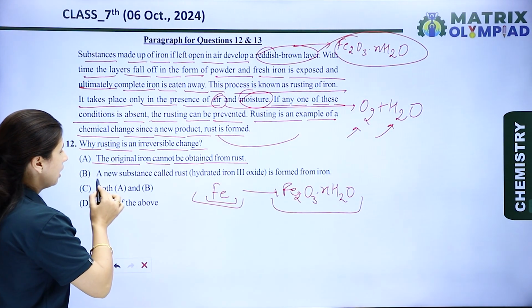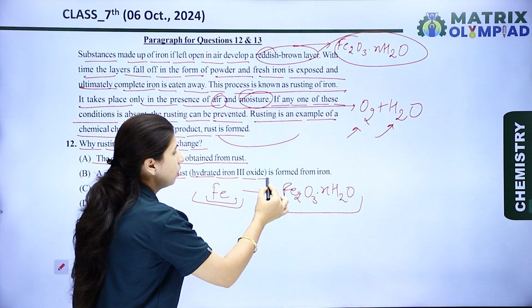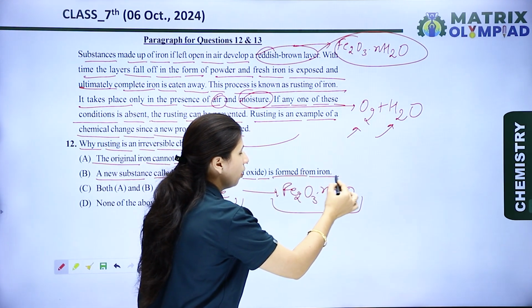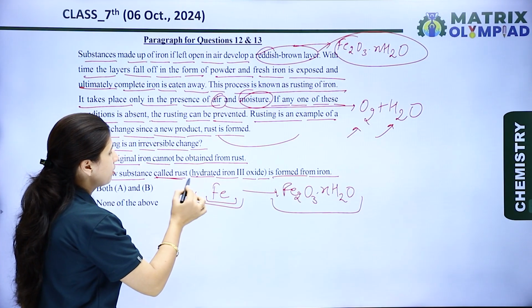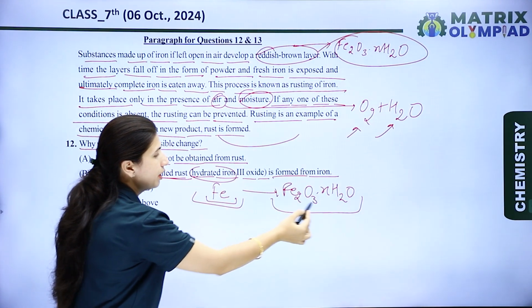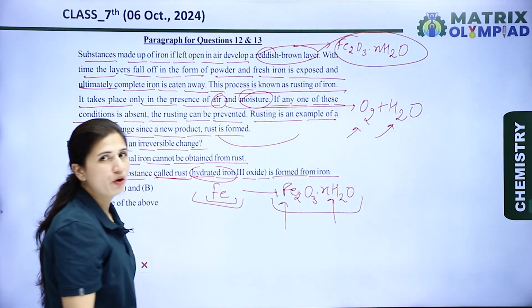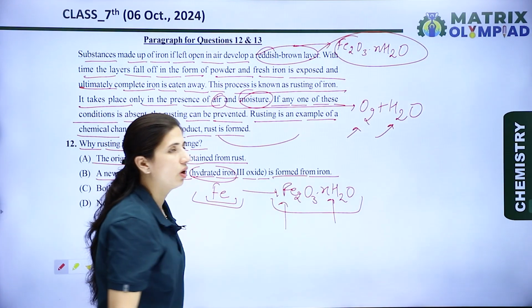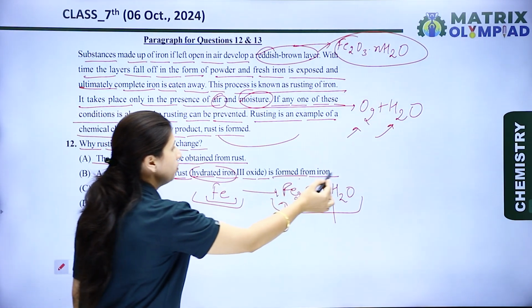Now the next is, a new substance called rust, hydrated iron(III) oxide, is formed from iron. Yes, this is also a correct statement. A new substance, hydrated, hydrated means water is present. Iron(III), here the oxidation number of iron is three, so it is known as ferric oxide also, is formed from iron.